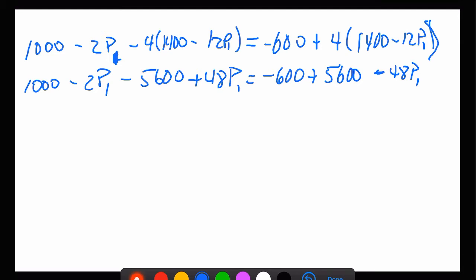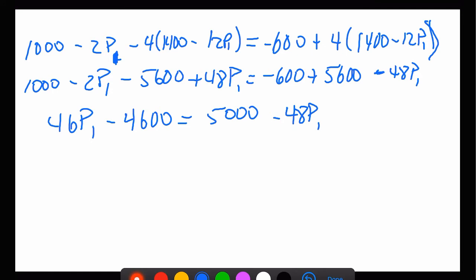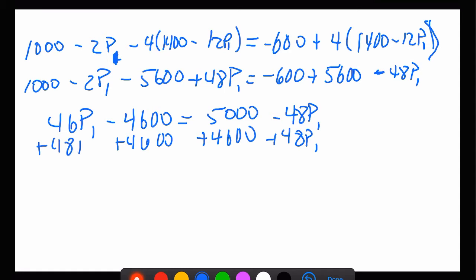So this is 46P1 minus 4,600 equals 5,000 minus 48P1. Add 4,600 to both sides, add 48P1 to both sides, and you get 9,600 equals 94P1.